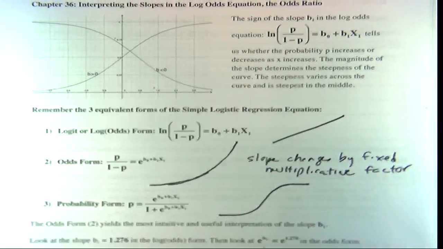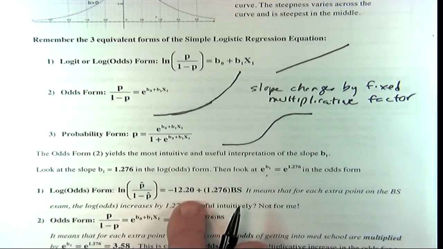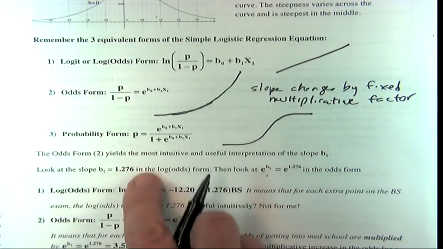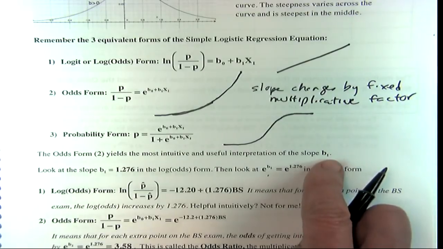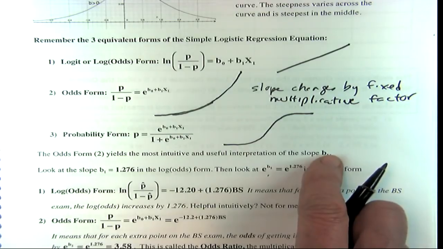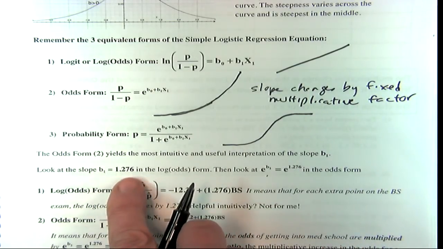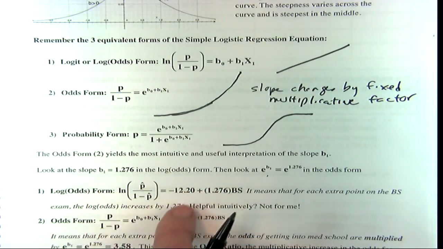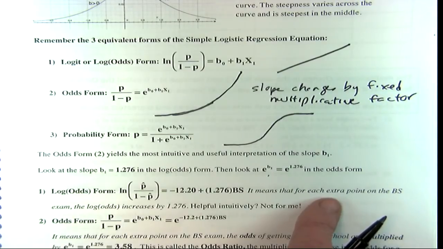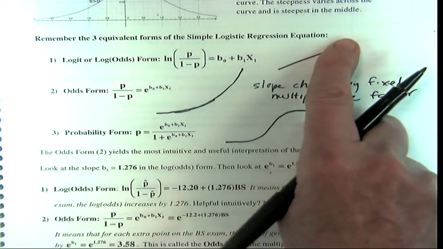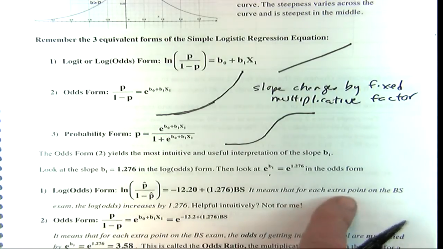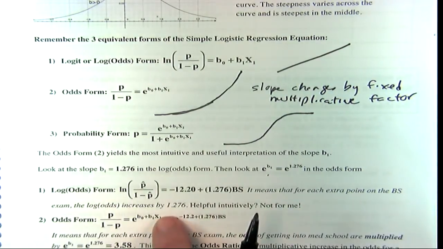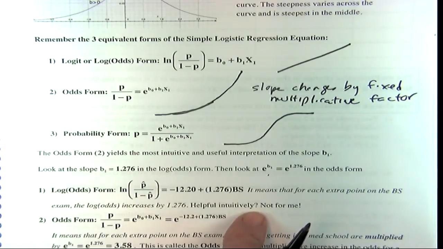Okay, so this odds form right here yields the most intuitive and useful interpretation of the slope. This slope here, 1.276 in the log odds form, is not very intuitive, because for each extra point of the biological score, the log odds increases, and log odds is kind of hard for people to think in terms of.